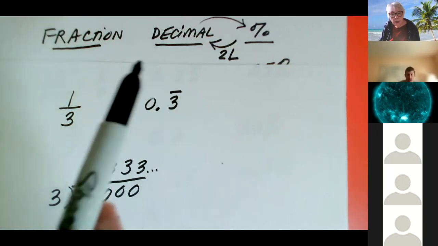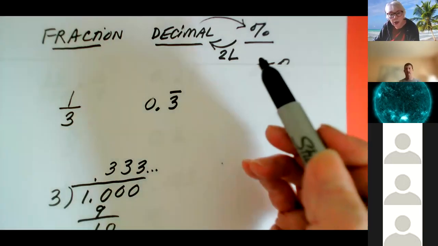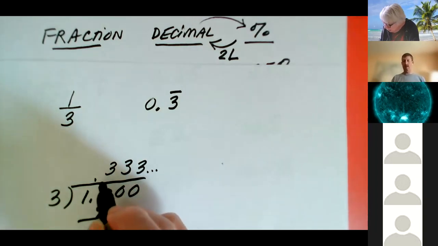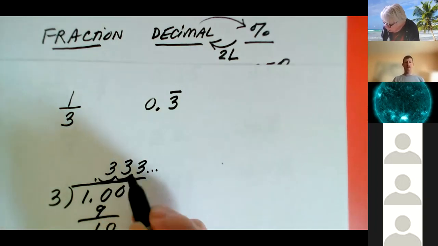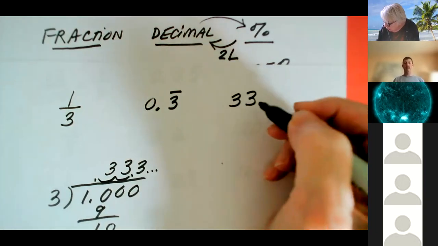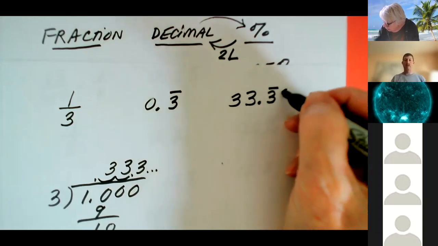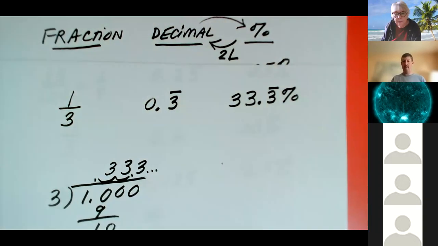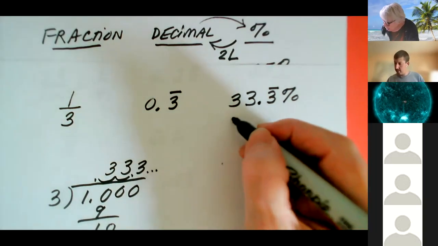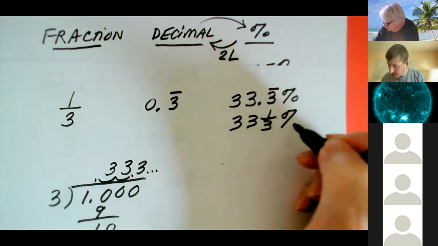And so that would be an acceptable answer. Now, notice when we go to the percent, it might be easier to work from here. We have to go 1, 2 to the right. So that would be 33.3%. Many times this is written as 33 1/3%.